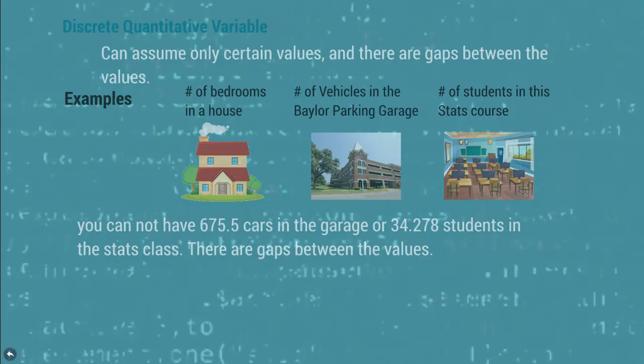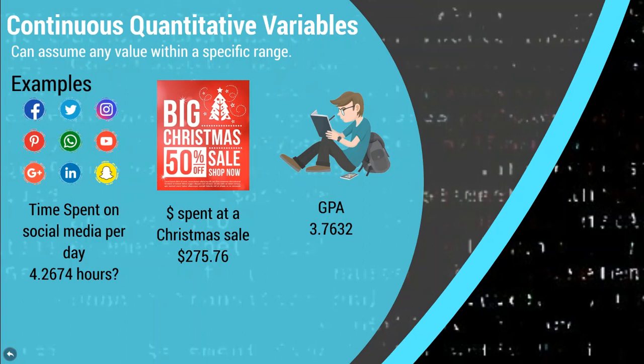Okay. Next, continuous quantitative variables can assume any value within a specific range. So you might have a range of, say, 24 hours in a day. Of those 24 hours in a day, how many hours did you spend on social media in that day?